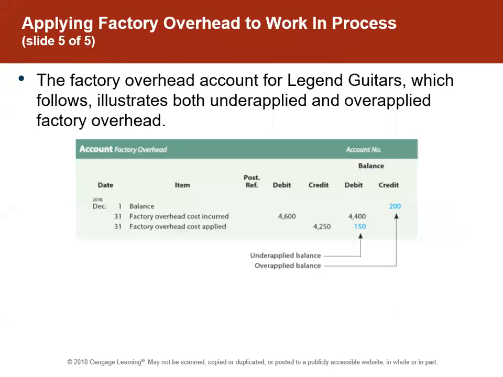So we under applied by $350. What that means is we didn't charge the jobs enough overhead. That's a cost to our company, because we didn't apply enough cost to the different jobs. So now we have to basically eat that cost.